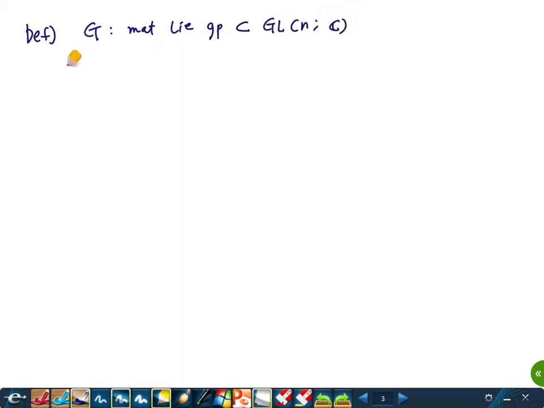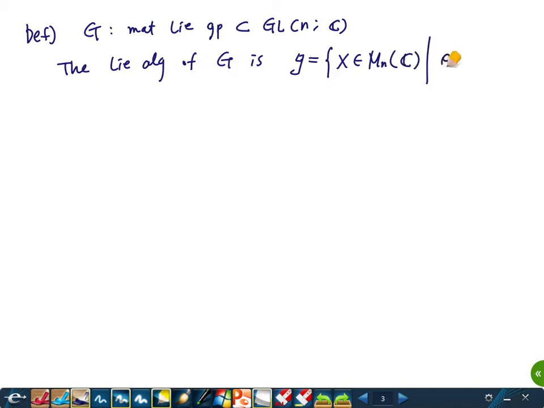Then the Lie algebra of G is denoted like this, Gothic g, which is the set of all matrices X such that e to the tX is in G for all t real. So you collect all matrices X such that e to the tX is there. It's important that we only consider real t.